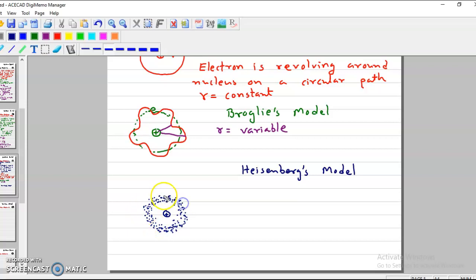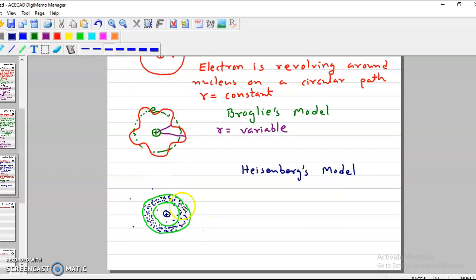The energy of the electron changes, the velocity also changes, the position of the electron changes, but maybe we can say that there is a certain path or part of the atom around the nucleus in which the probability of finding the electron is maximum.